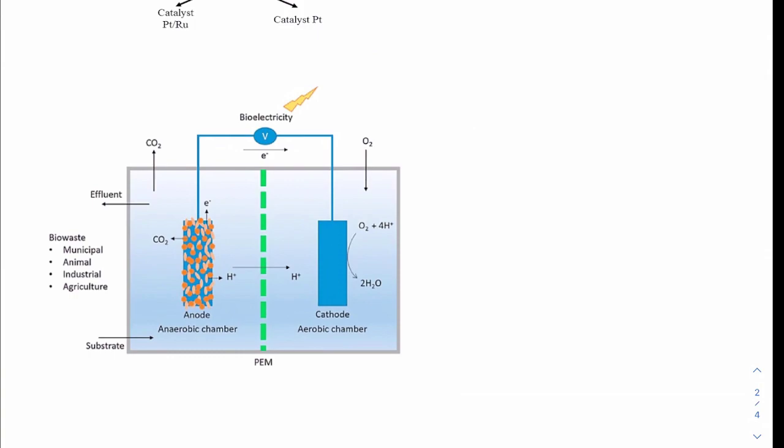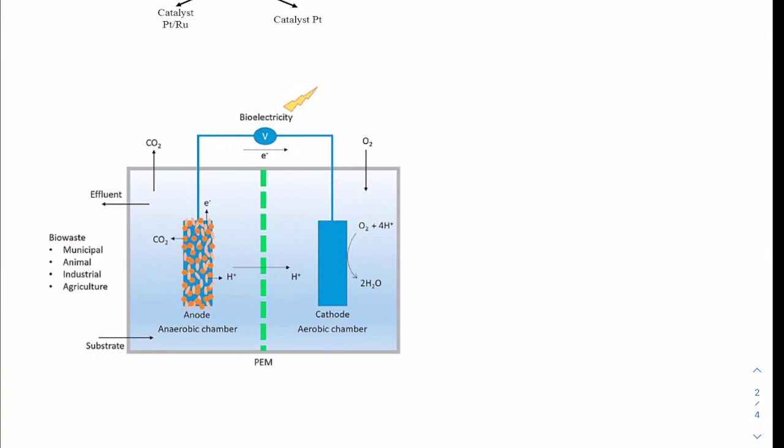Now, the last one is microbial fuel cells. This is an interesting way that scientists have come up with to convert organic matter in wastewater into electricity. The main idea here is that on the anode, there are bacteria and there's no oxygen available here.